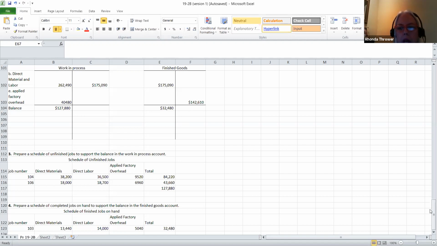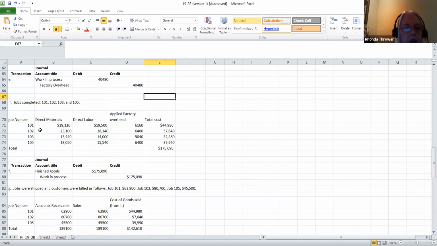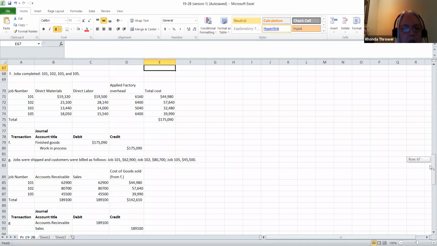And because we know from transaction F we completed these jobs, what we have to understand is that there was one of these jobs that we didn't ship, and that's what will remain in our finished goods inventory.